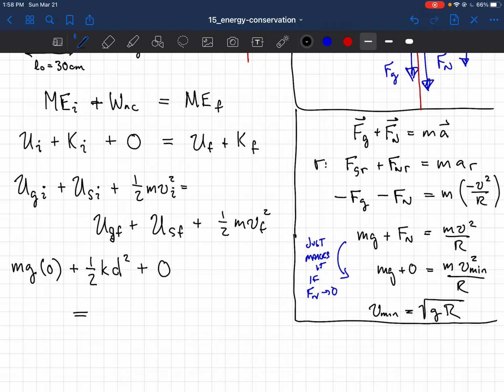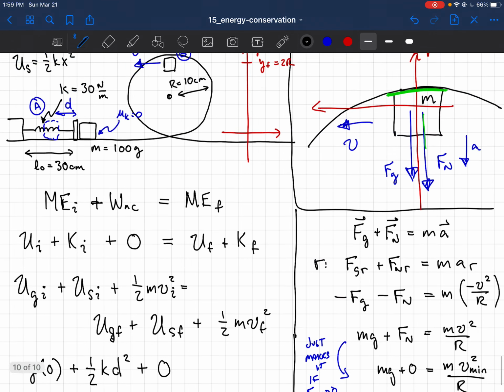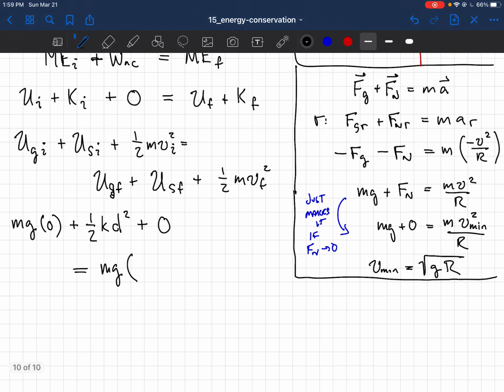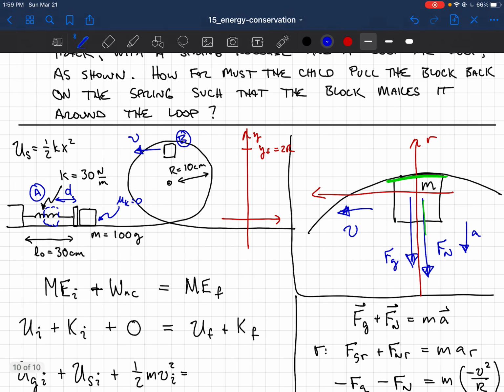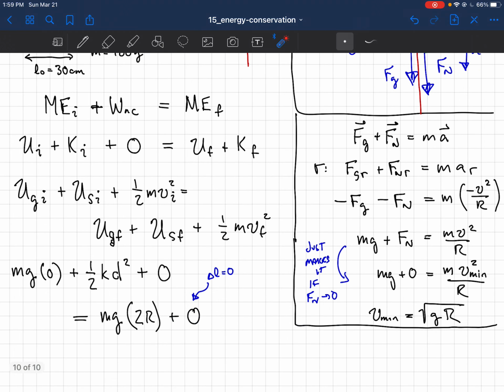Then we have potential energy due to gravity final, and that's going to be mg times the final y, which we said was 2 times the radius of that circle. And then we have the final potential energy of the spring. Well, the delta L of the spring is equal to 0 in the final position because you compress the spring and then let go of it, and then the spring is again uncompressed.